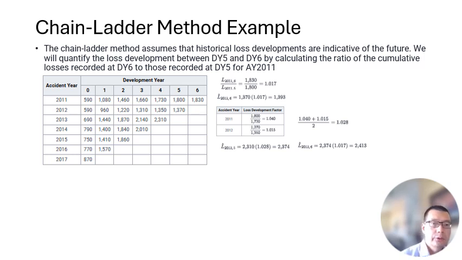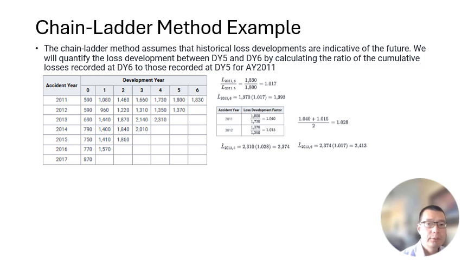Now, the chain ladder method assumes that historical loss development is indicative of the future. We will quantify the loss development between development year 5 and development year 6 by calculating the ratio of the cumulative losses recorded at development year 6 to those recorded in development year 5 for accident year 2011.